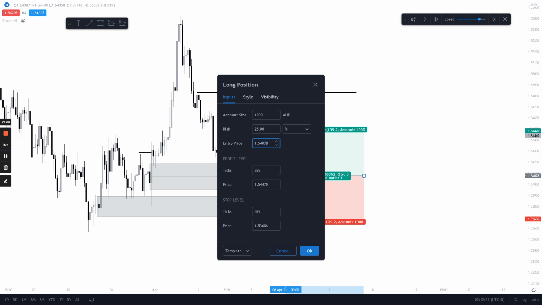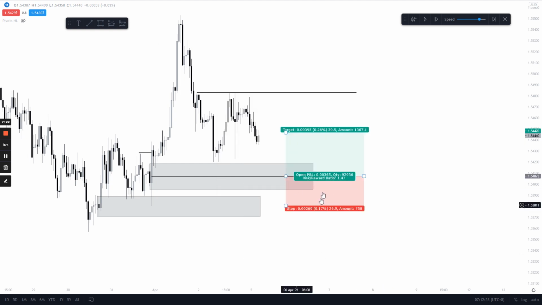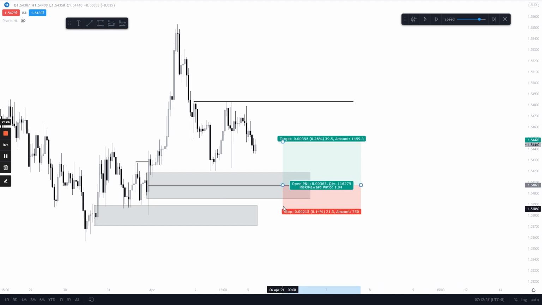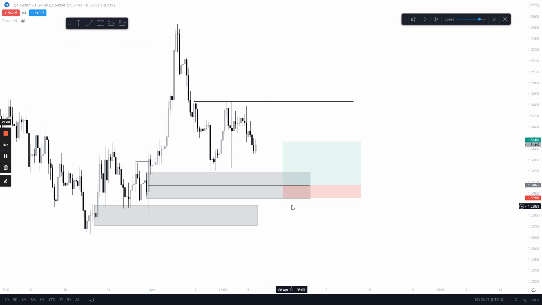My entry price was 1.54075, and my stop loss for this one I placed at 1.53806. So it's about a 26 pip stop loss. I did, however, refine it just to the 1-hour order block like that.